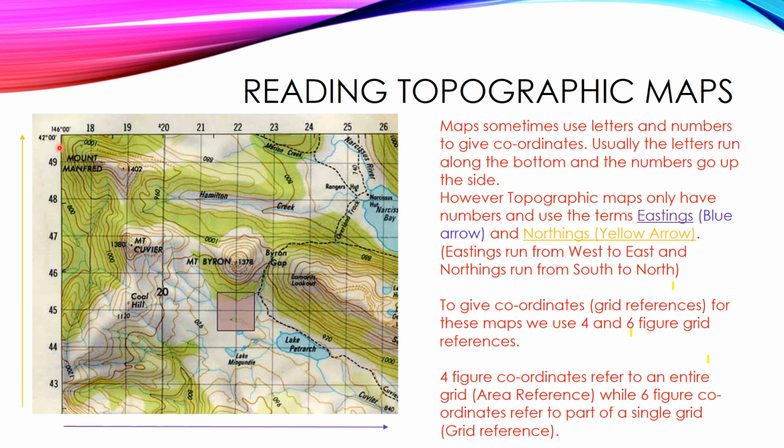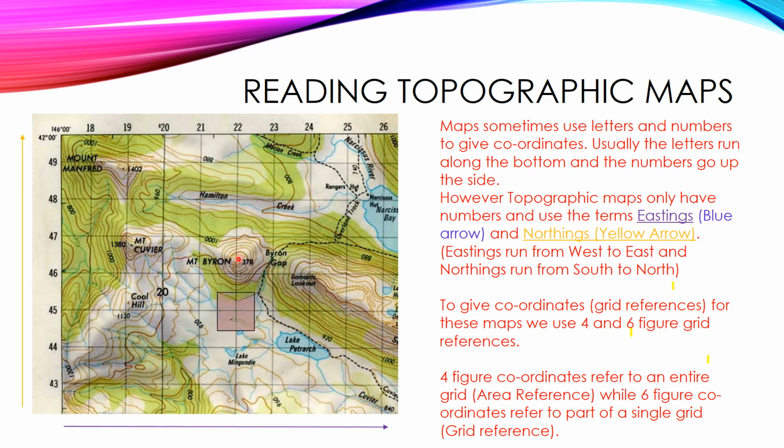They're a little bit more broad than 6-figure coordinates, which refer to a very specific spot within a box. So grid references, a very specific spot in the box. Area references give an entire area, an entire box. And you'll use one of the two depending on what you're trying to highlight to the reader of a map.